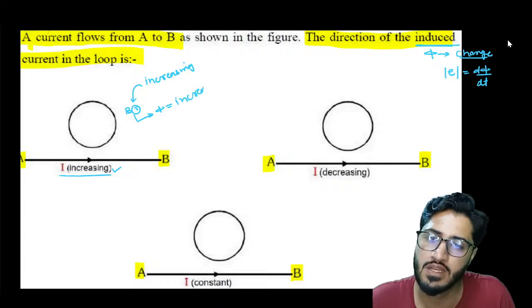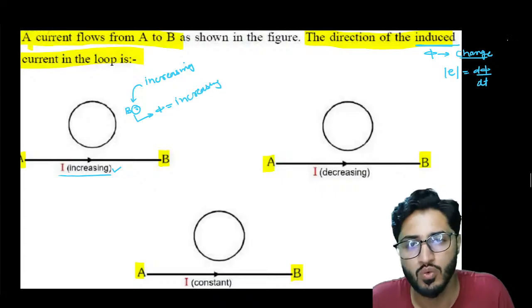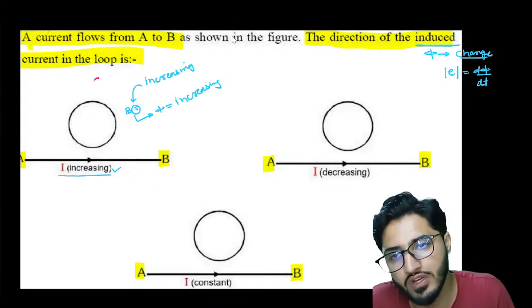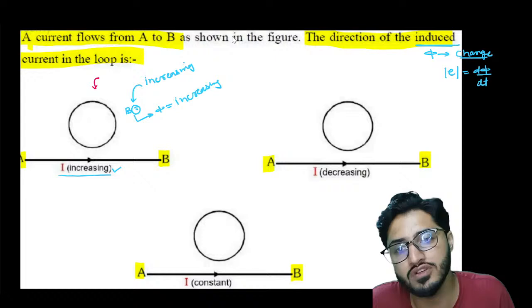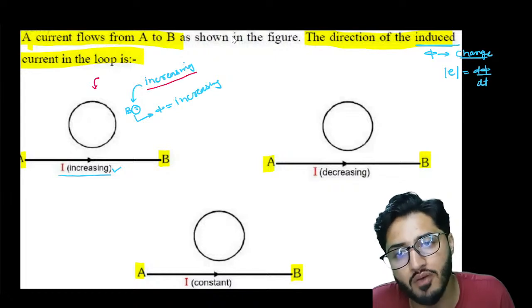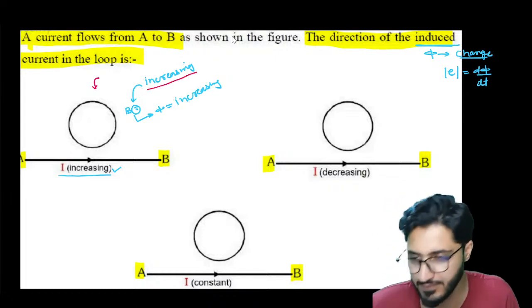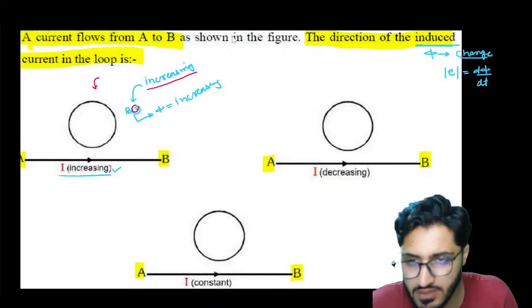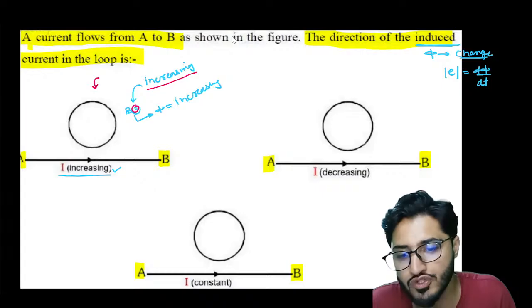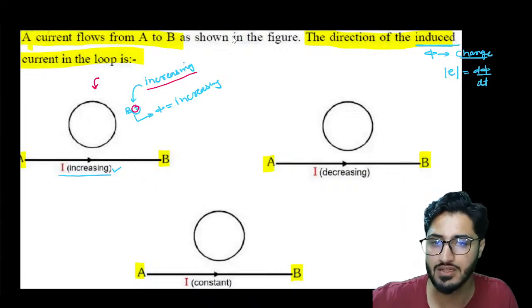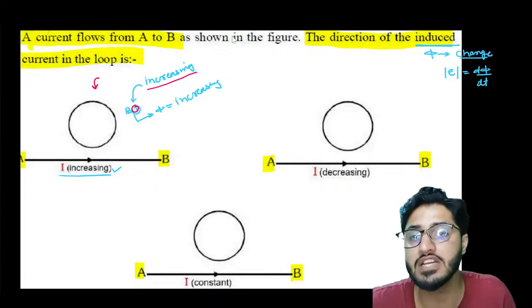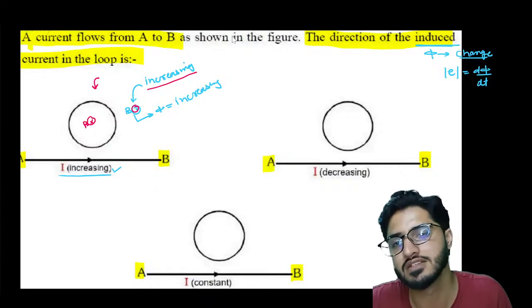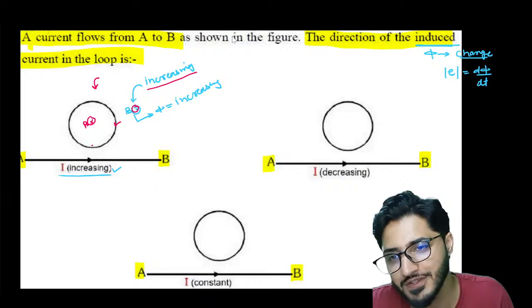According to Lenz's law, the current will flow in this loop in such a way that it opposes the increment of the magnetic field. If this magnetic field is outwards, in the loop it should be inwards. Inwards means clockwise direction.